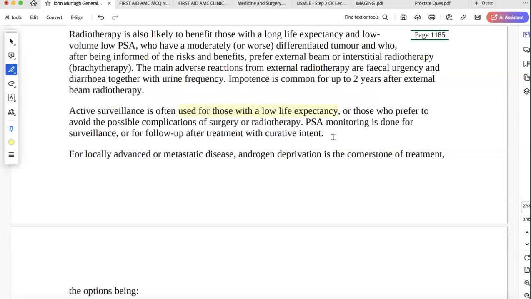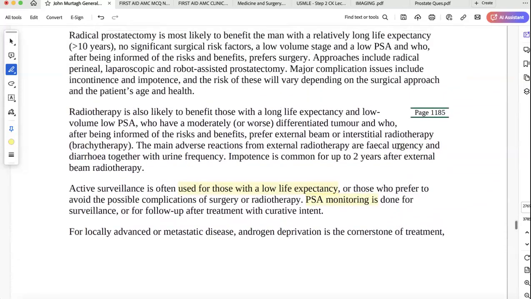For them, usually active surveillance is better because very rarely will they die of cancer. Okay. So life expectancy plays a role, or someone who doesn't want to go for surgery or radiotherapy, you can just do active surveillance with regular PSA monitoring. So that's number one option.